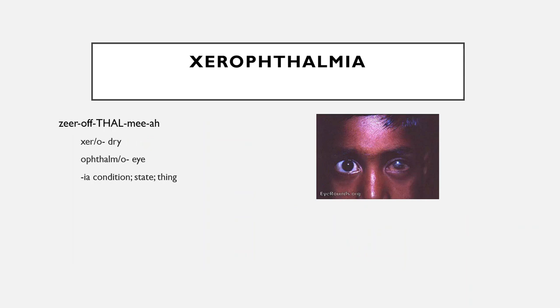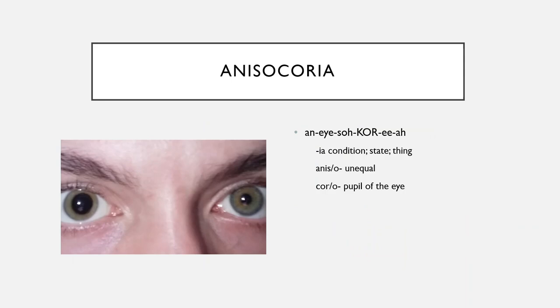So it's simply the condition of dry eyes. Anisocoria, ia is condition, anis is unequal, and cor is pupil of the eye. So this is when you have unequal sizes of the pupils, left to right. When you compare them, they are unequal.